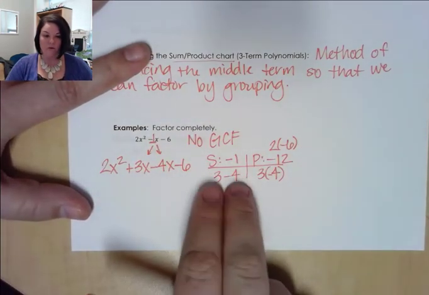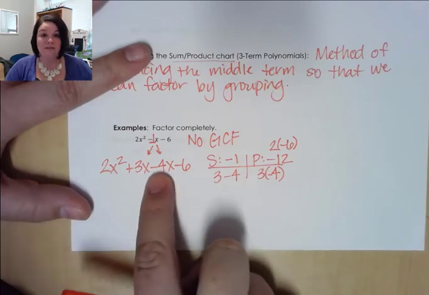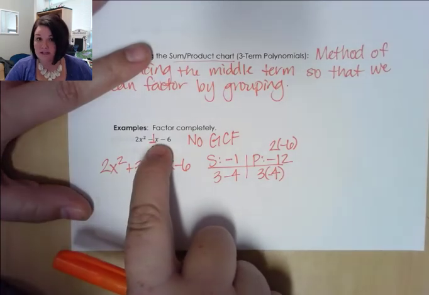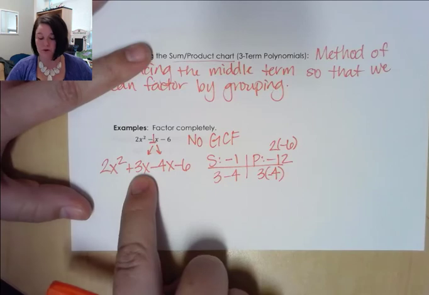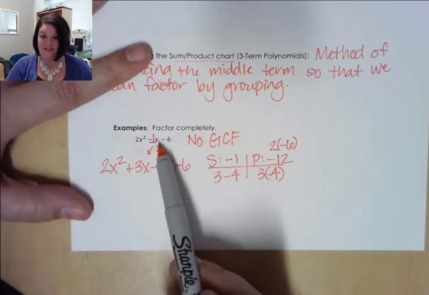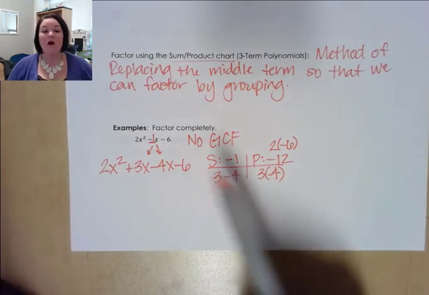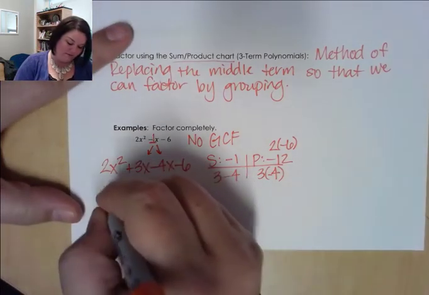Okay, it doesn't matter which order you write this 3 and -4 in right here. What does matter is that when you replace that middle term, whatever the label was on that middle term, you need to make sure your two new terms have the same label. So here my label was an x, so I need to make sure both of these are labeled with an x.